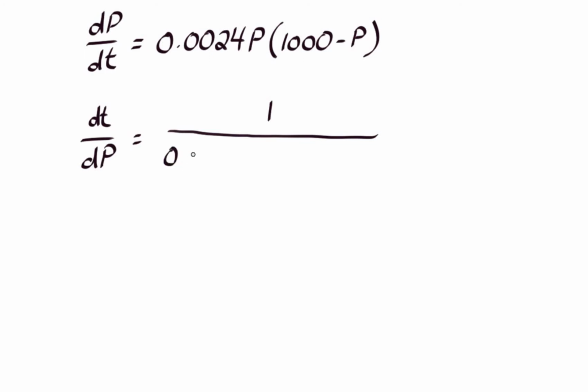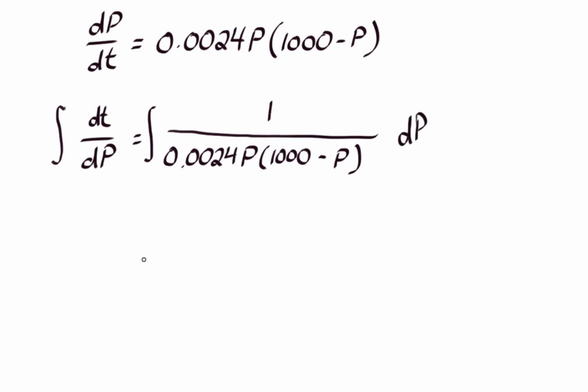So maybe now you're starting to see where part A might come in handy, since this was the left-hand side of our part A question. So we'll go ahead and put in our integral signs. Right, we're integrating both sides with respect to p. The left-hand side just gives us time, since the integral and the derivative cancel out.